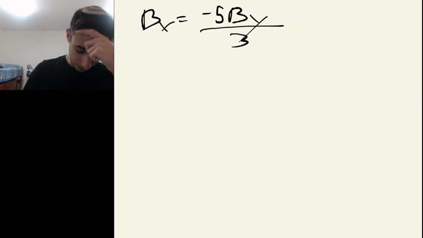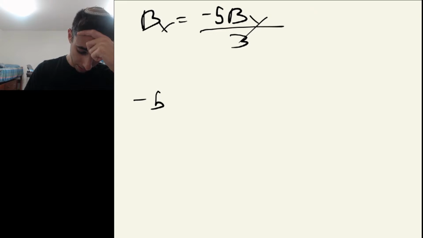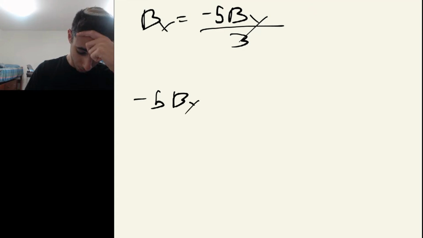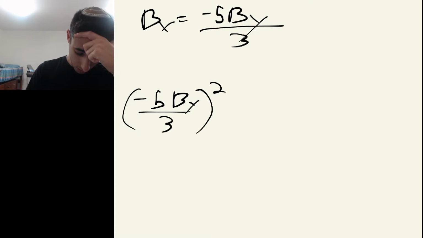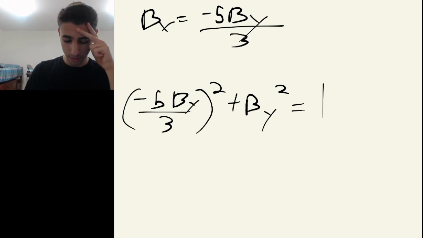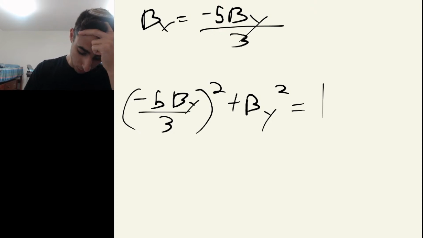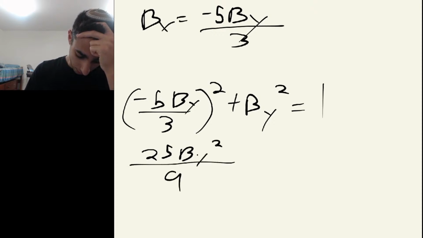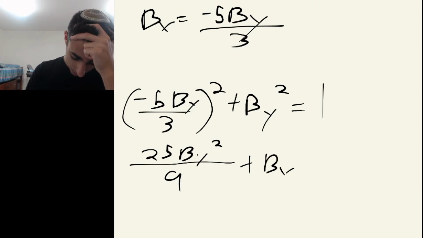So negative 5 by over 3, squared, plus by squared equals 1. Wonderful. Now let's simplify this whole thing. Negative 5 squared is 25. By squared is by squared. 3 squared is 9. Plus by squared equals 1.